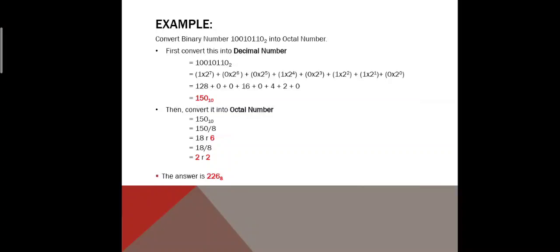100100110 equals 1 times 2 raised to 7 plus 0 times 2 raised to 6 plus 0 times 2 raised to 5 plus 1 times 2 raised to 4 plus 0 times 2 raised to 3 plus 1 times 2 raised to 2 plus 1 times 2 raised to 1 plus 0 times 2 raised to 0.